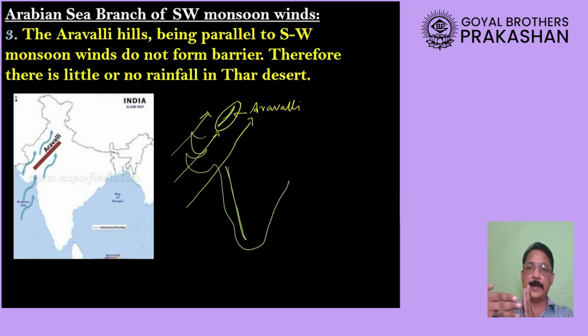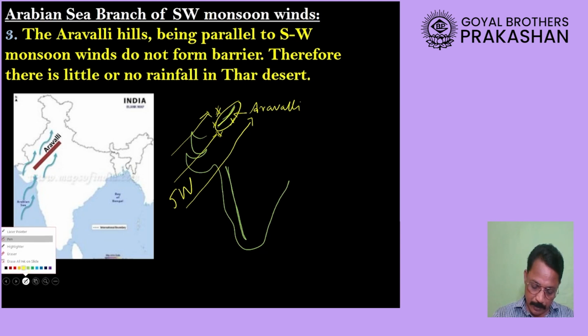Many of them will blow parallel to it, and some will blow over it, because this mountain is not very tall, so most of the winds will blow over it. That is why Aravalli mountain is not in a real position to block them, and that is why this part of India will not receive much rain because of southwest monsoon winds. So Aravalli mountain is not able to block them, and therefore there will be less rainfall here.